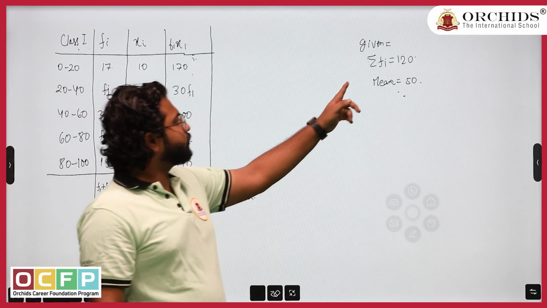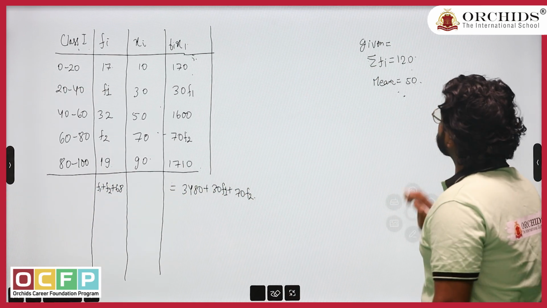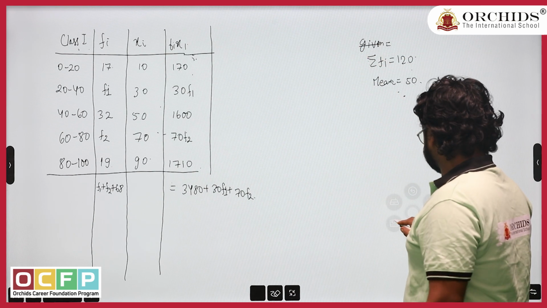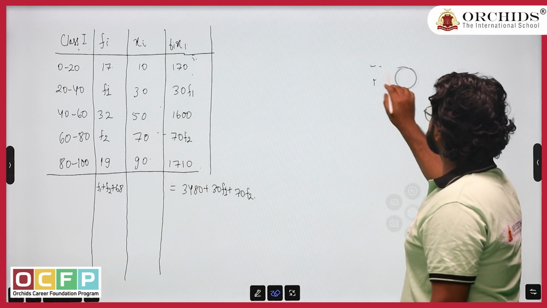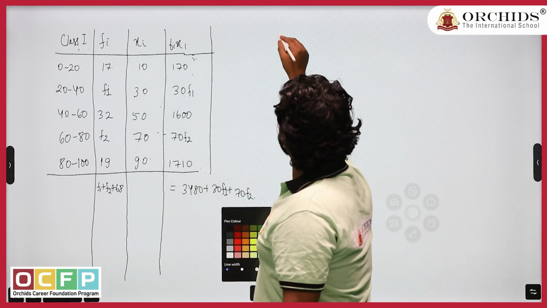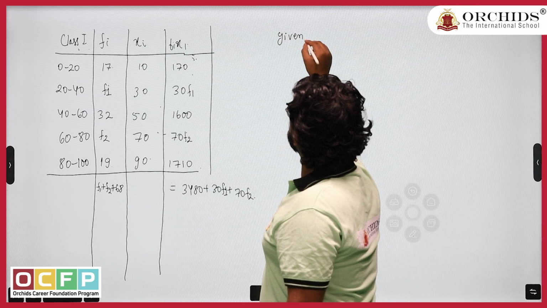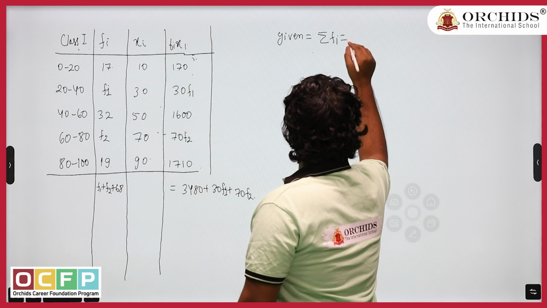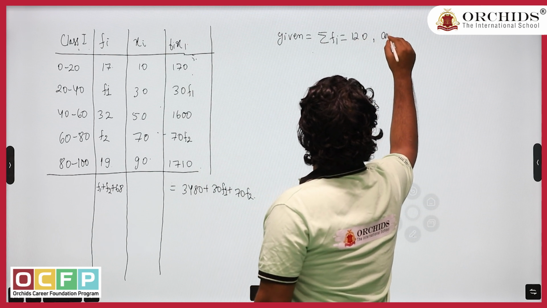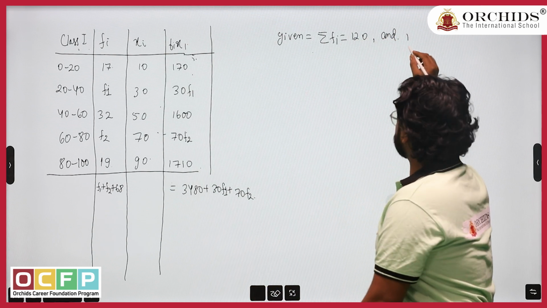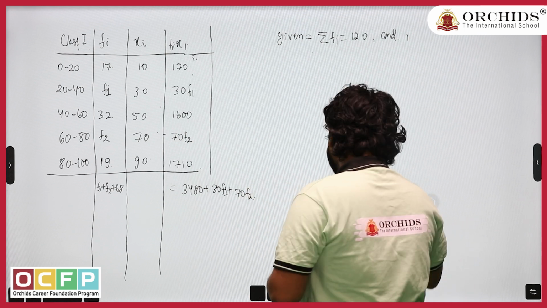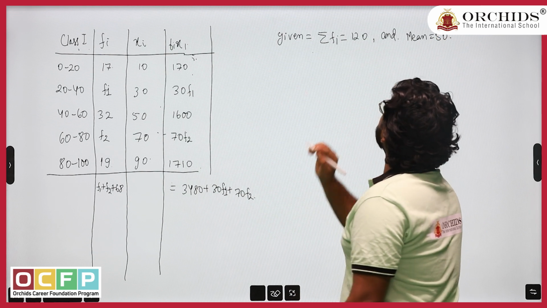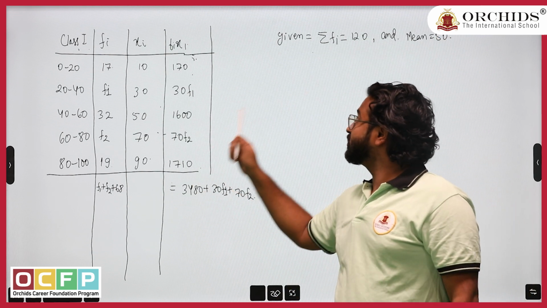Now what is given to me? Sigma fi is equal to 120. I will write this side. Given: sigma fi is equal to 120, and the mean was given as 50. We have to figure out the two equations.